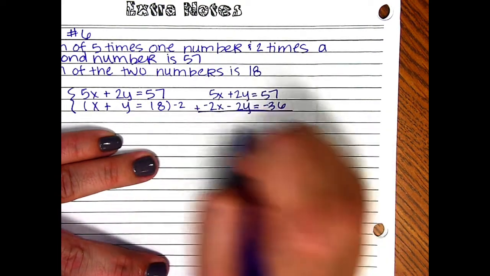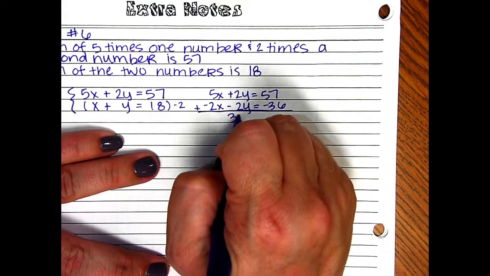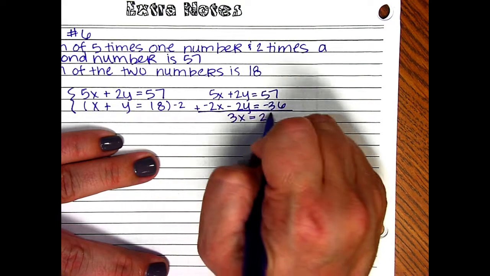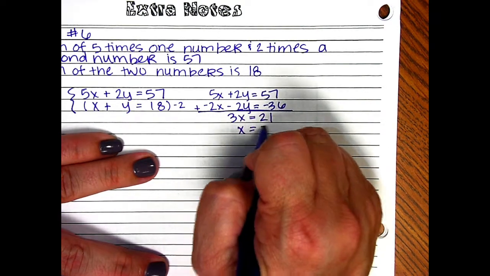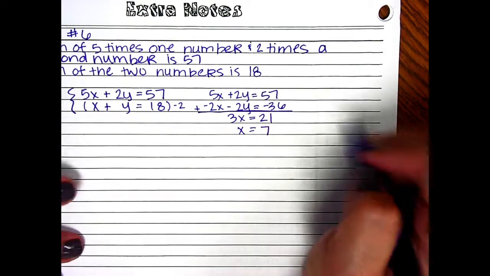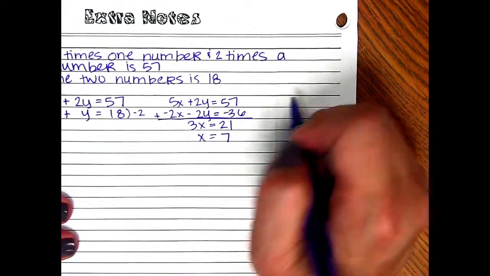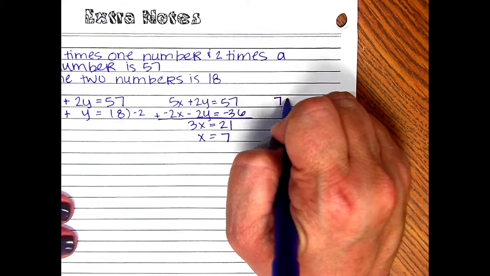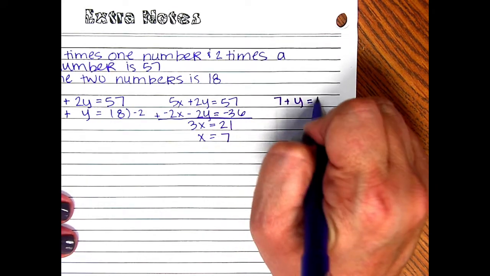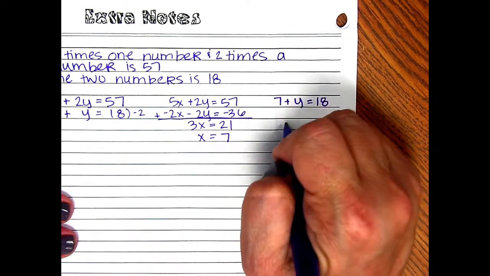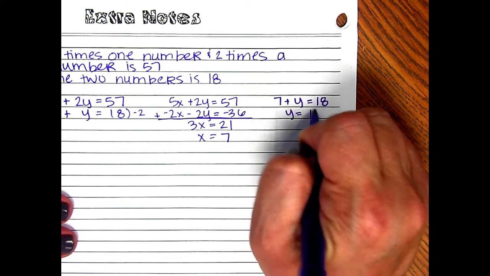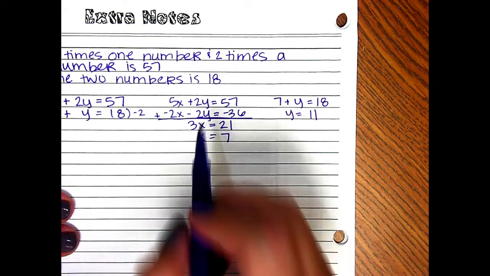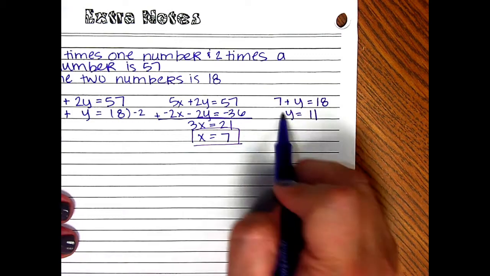I can add those together, and I get 3x equals 21, so x equals 7. Then I'm going to plug that into the second equation, so 7 plus y equals 18, so y equals 11. So you have your two answers, first number, second number.